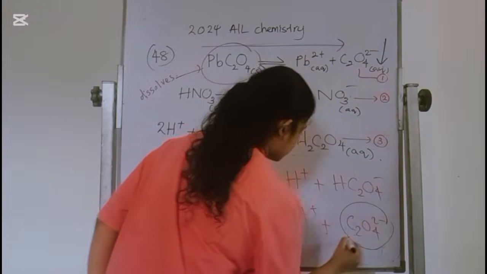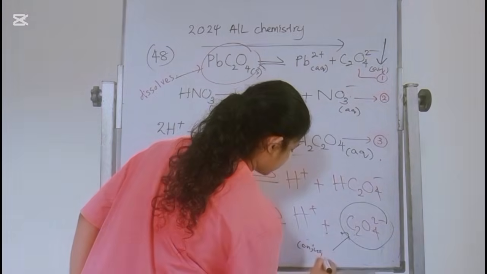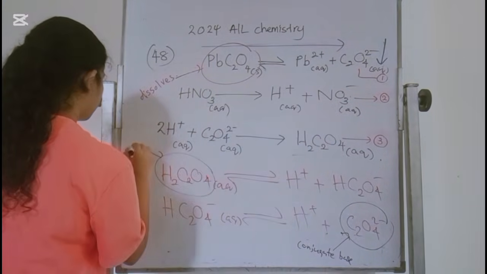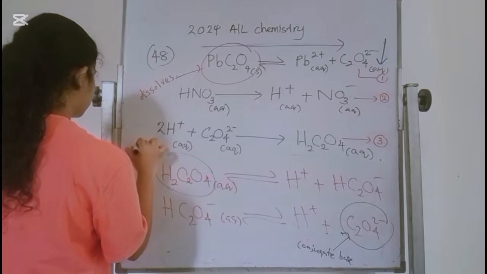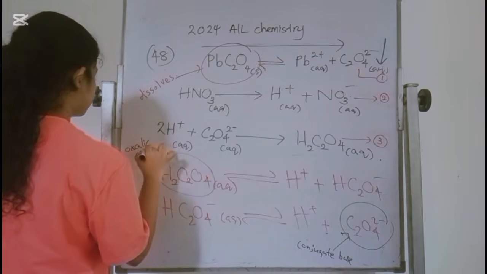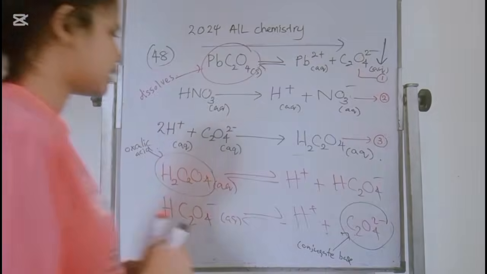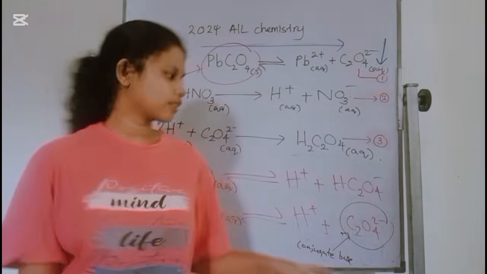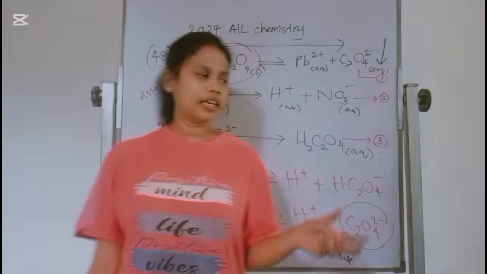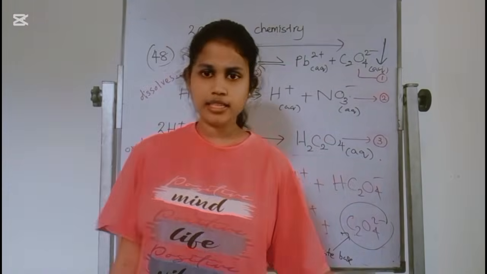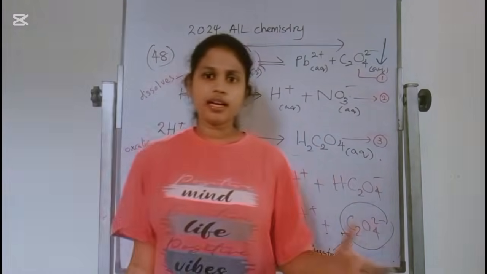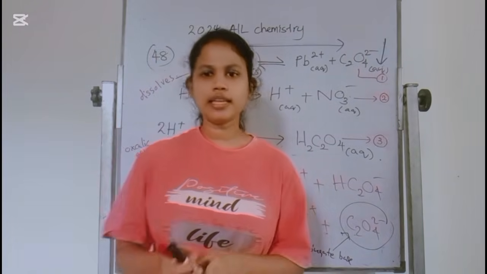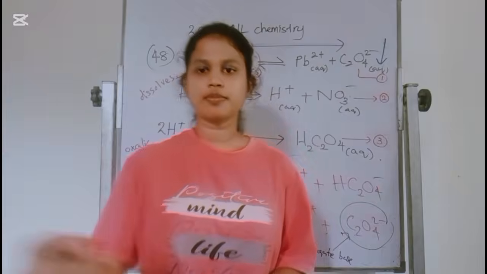So this is the conjugate base of oxalic acid. This is a normal theory that we know. If something is an acid, it forms a conjugate base. If it is a base, it forms a conjugate acid. So that is a normal theory that we know in the chemistry syllabus.